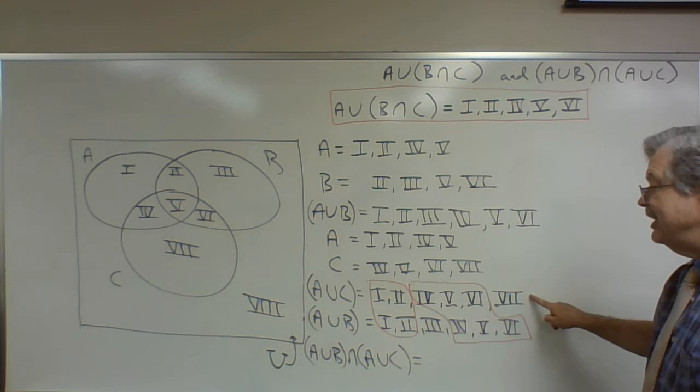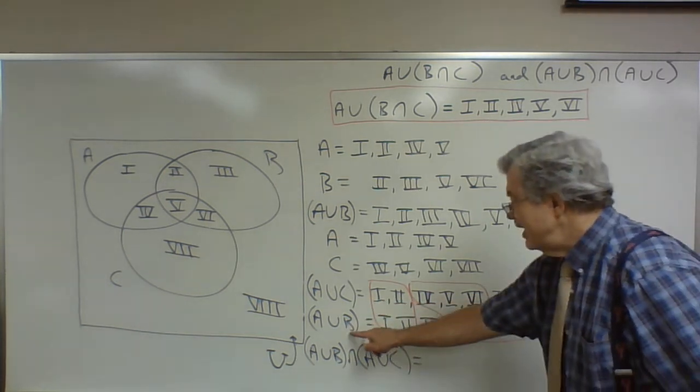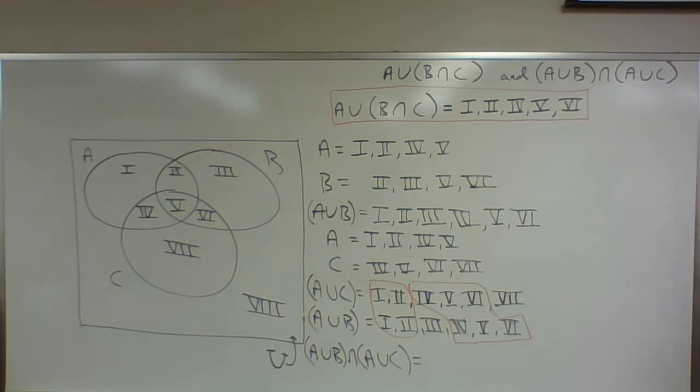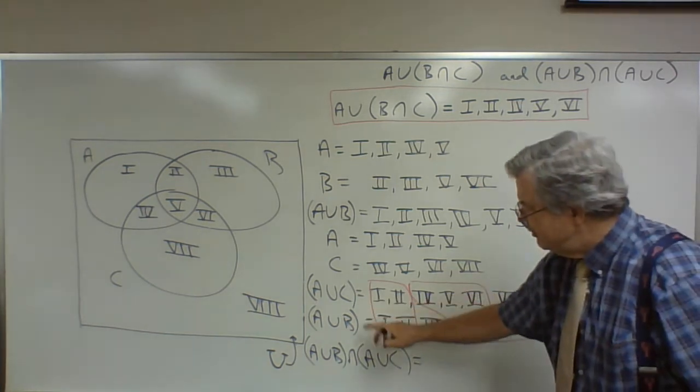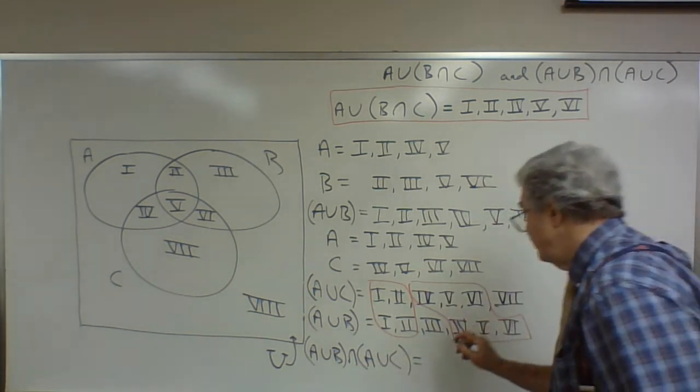Region 7 is in A union C, but it's not down here in A union B. So the regions that we've circled are in both of these sets. They're in the intersection. So let's write those down.